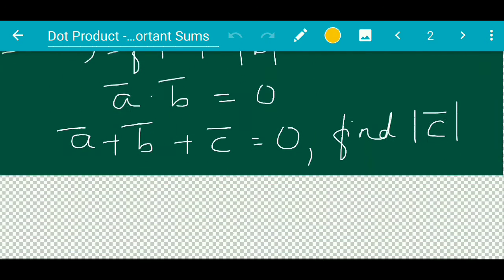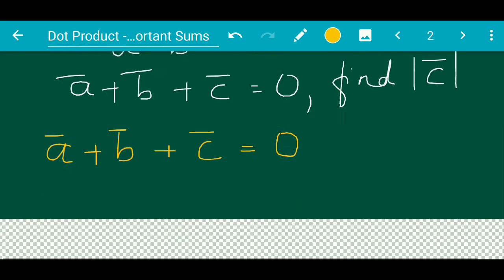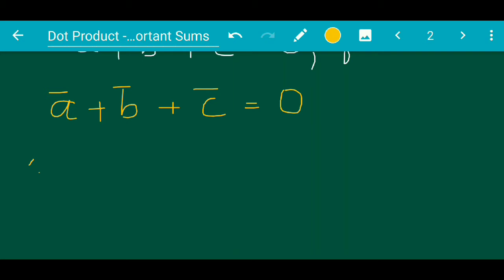So, in this particular sum, they have first of all given us A bar plus B bar plus C bar is equal to 0. So, therefore, we can say that, taking C on the other side, minus C bar is equal to A bar plus B bar.